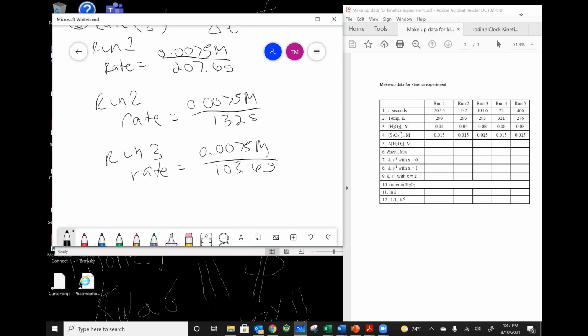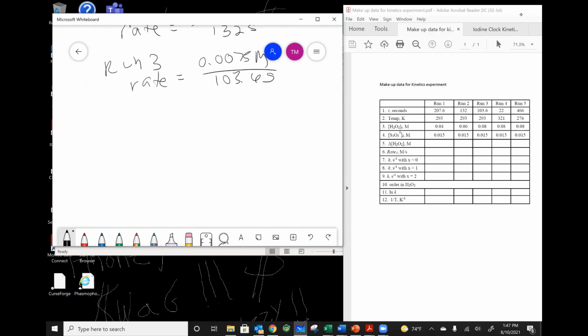Now we need to figure out row 7, the rate constant. The rate equation is rate equals K prime times the H2O2 concentration to the power of A. On this page, in the makeup data, it's X. It doesn't really matter.